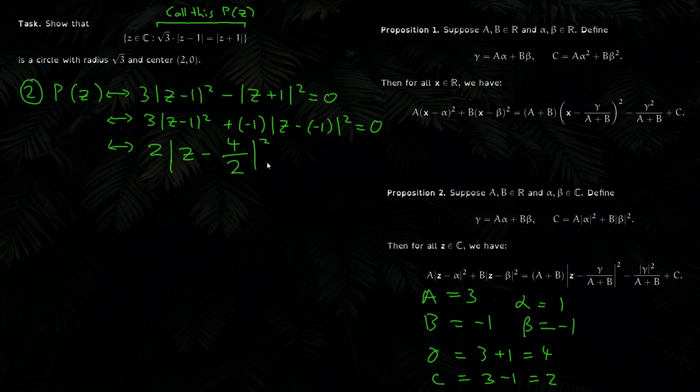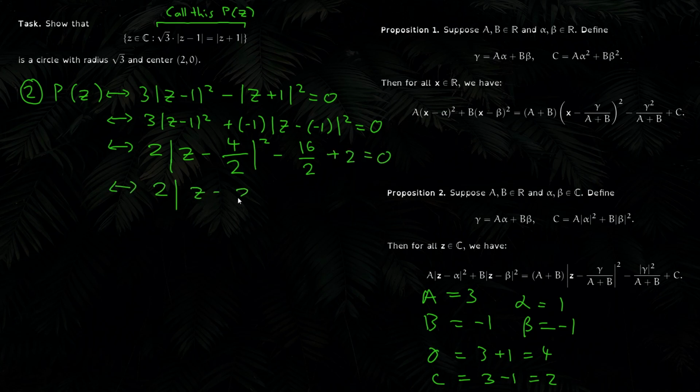We're meant to square it, and then we need to subtract off this bit, and we're going to add c. So this bit involves the modulus of gamma squared. So the modulus of gamma is still just 4. When we square it, we get 16, and we're dividing by a plus b, which is 2. And then we just add c. We worked it out down here, it's 2. So we need to add c at the end.